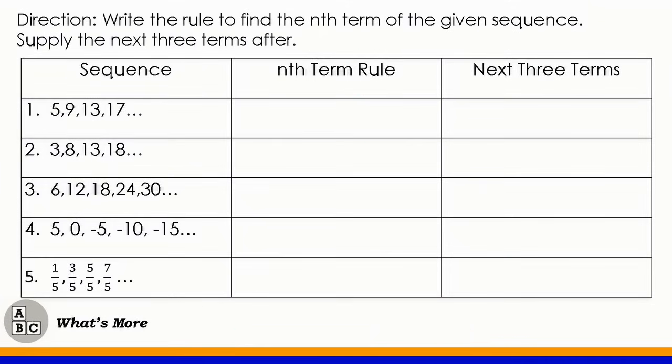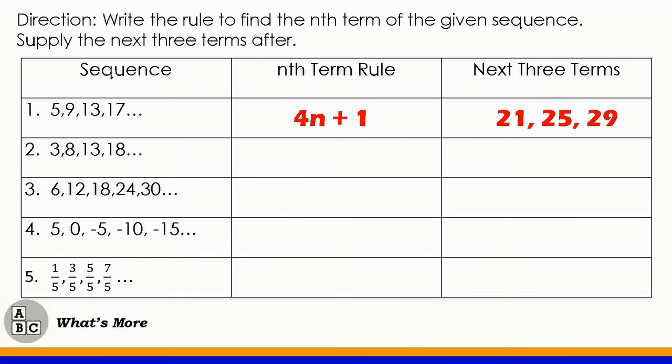Okay, let's review our answers to the What's More part of your module. Number 1, the nth term is 4n plus 1. And the succeeding or the next 3 terms for number 1 are 21, 25, and 29. Next, we have number 2: 3, 8, 13, 18.